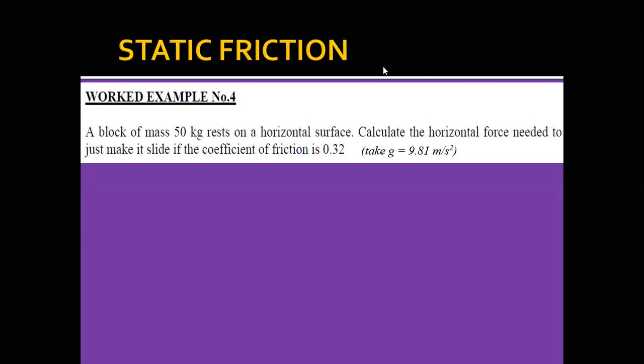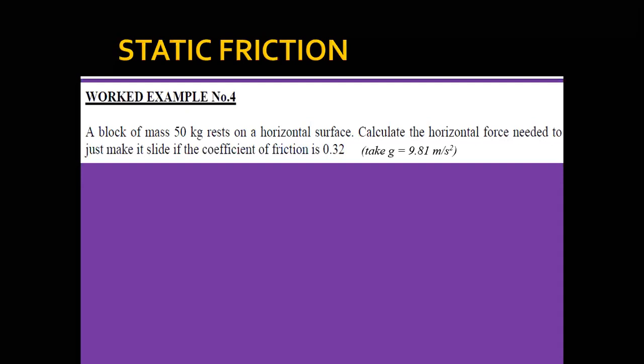A block of mass 50 kg rests on a horizontal surface. Calculate the horizontal force needed to make it just slide if the coefficient of friction is 0.32. Take g to be 9.81.